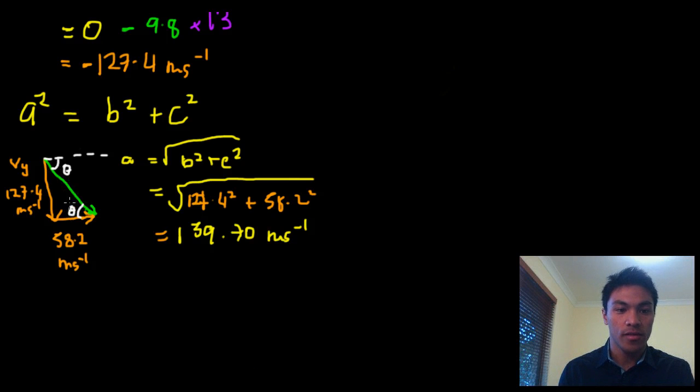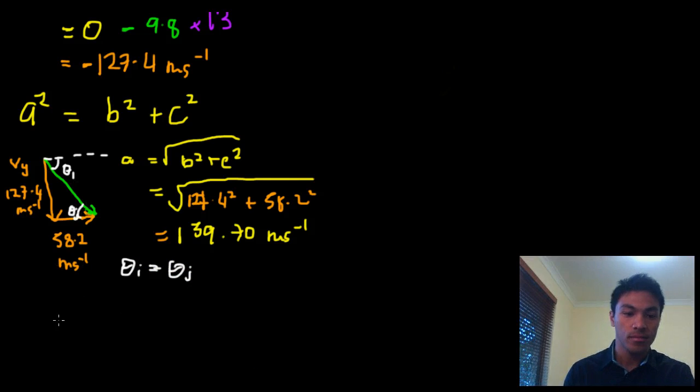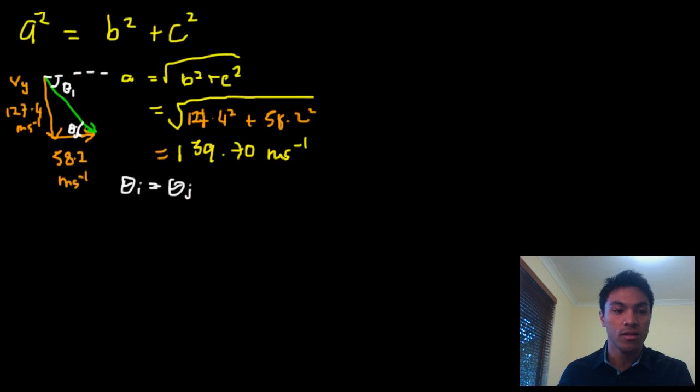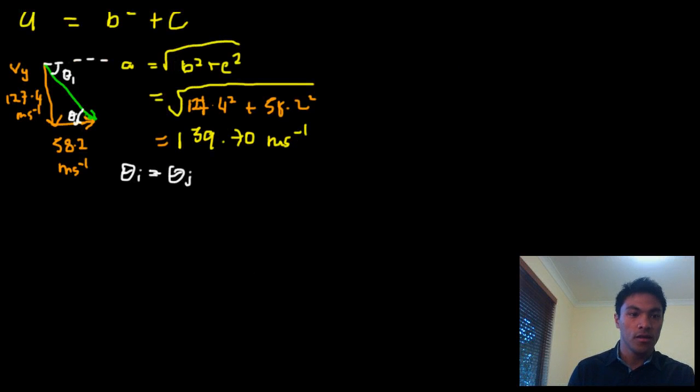So let's do theta i and theta j. We found out in the last video that theta i is the same as theta j. So we can even just solve for this theta here. So let's use our very basic trig functions in order to actually solve that.